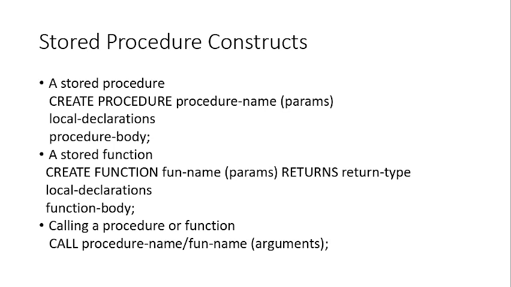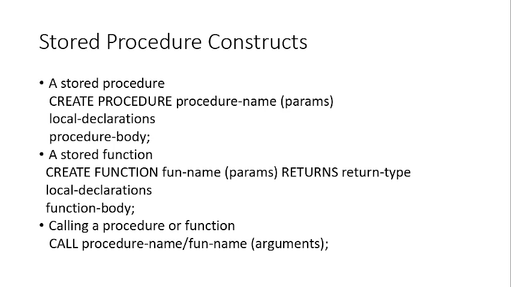So we have create procedure, and we have a procedure name, then followed by the parameters, local declarations and procedure body. The parameters and the local declarations are optional and are specified only if needed.